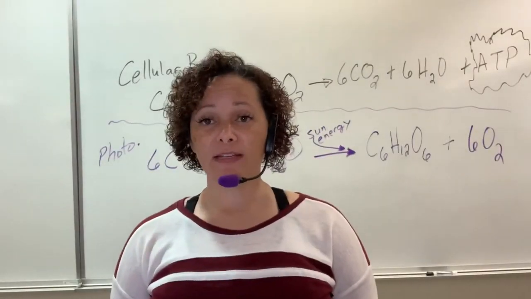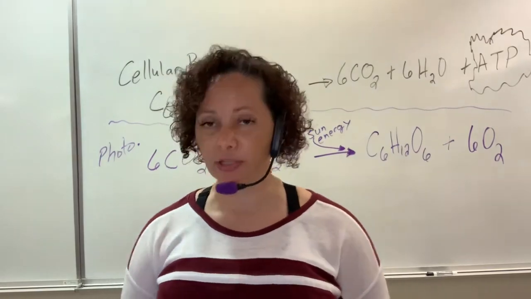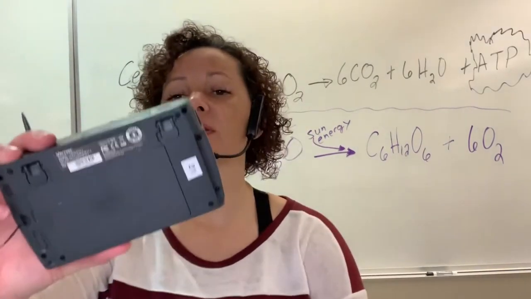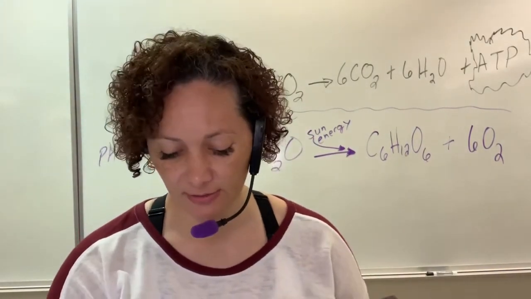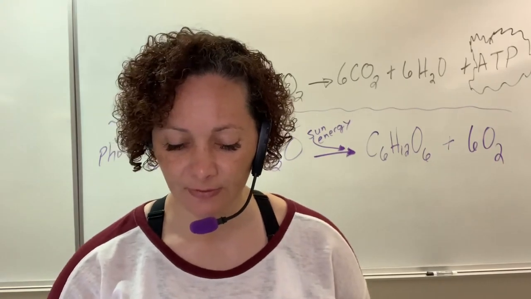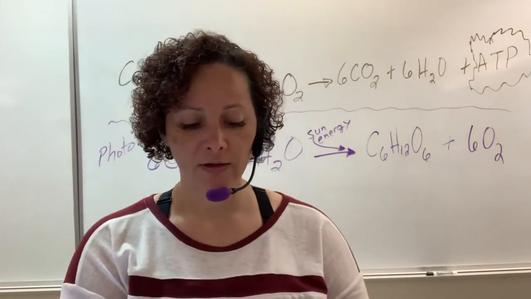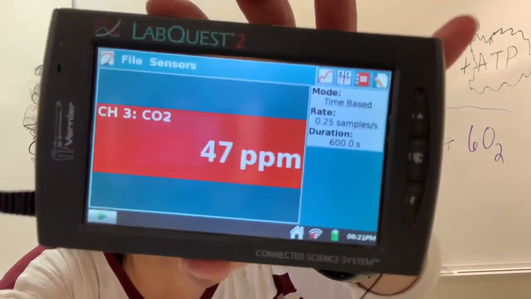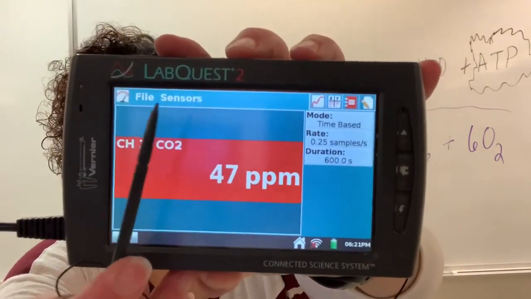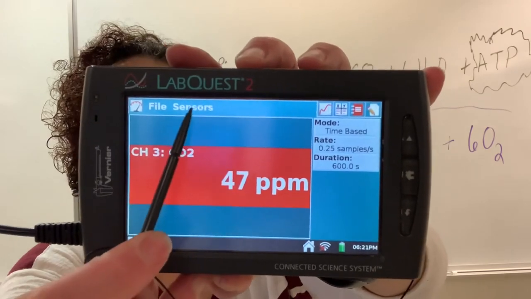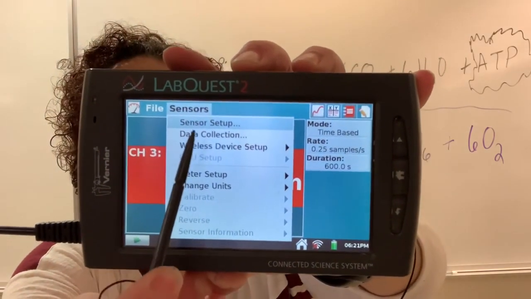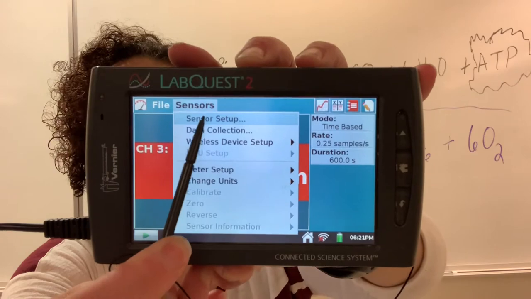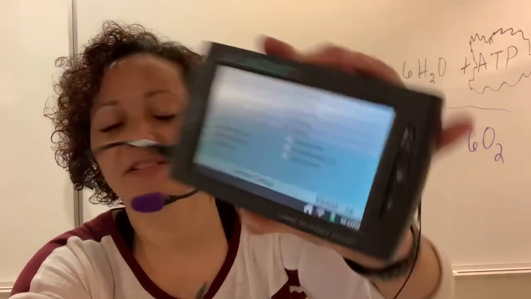As you're getting ready to calibrate, look at your sensors, look at your monitor, plug this in, okay? As you can see on your monitor, you can see the file and sensors. Hit sensors, working upside down here. Now hit sensor setup. Look at that, sensor setup.